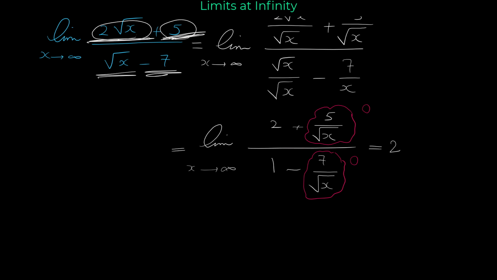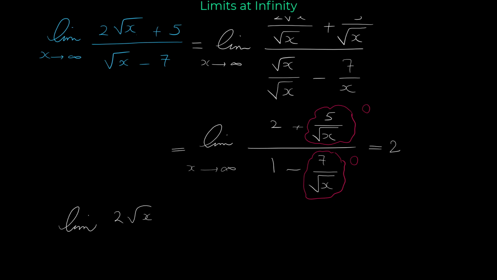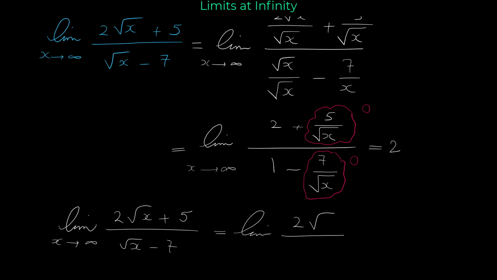So based on this idea, if we want to find this limit, let me rewrite the question again here: 2 radical x plus 5 over radical x minus 7 as x approaches infinity. If we keep only the dominant terms, the significant terms, in the numerator and in the denominator, we have this.